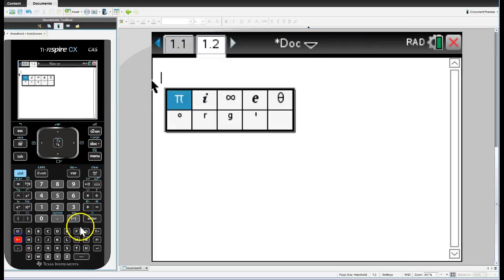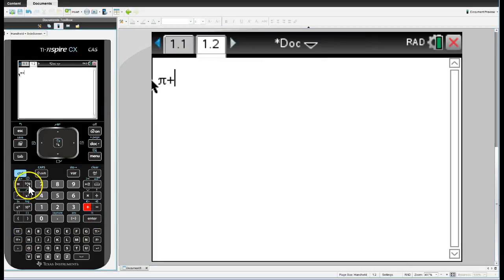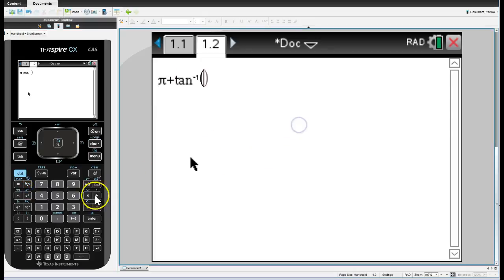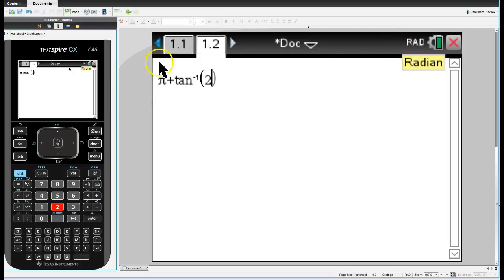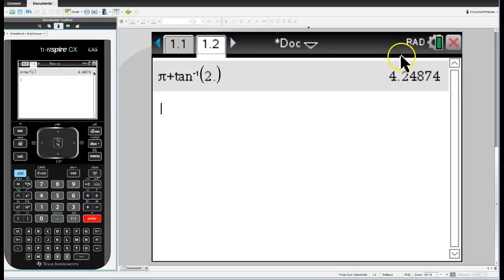Let's do pi plus inverse tangent of 2. I want a decimal answer, and notice I'm in radians here, so my output's going to be a radian value. I'm going to force it to be a decimal by adding a decimal point there, and we get an answer of 4.2487. And that was the third solution I listed when I listed them in increasing order.